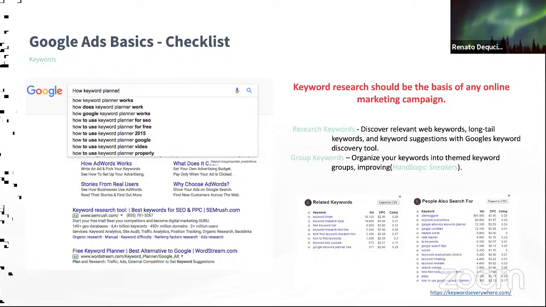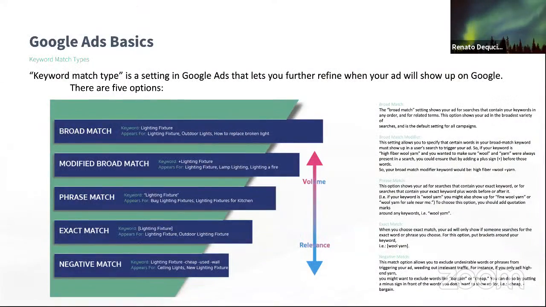So when planning keywords, there's a few ways of choosing the right keywords. This list is also a nice way to get a feel for how to plan them. So a broad match is, like I mentioned earlier, keyword planner, or in this case, light fitting or lighting fixture.